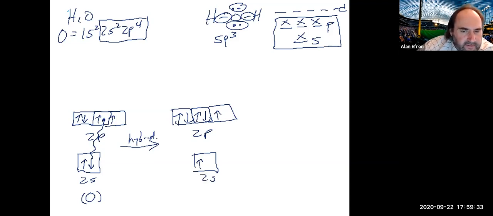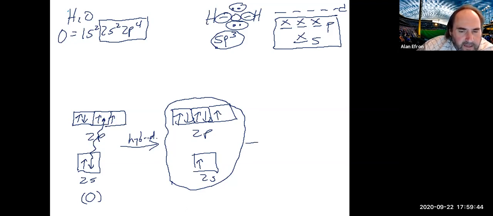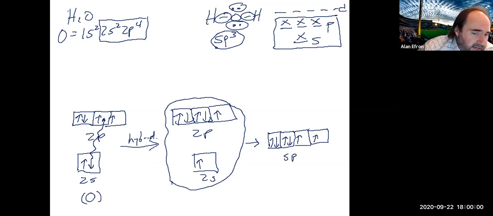And since we did identify it as sp3 hybridization, everybody's going for the ride here. We're going to take all 4 of them. And that's going to give us, just like we talked about before, 4 equal hybrid orbitals that are equal in size and shape, equal in energy. And if we fill in what we got going, we got something like this. And these would be 4 sp3 hybrid orbitals, again, for our oxygen.